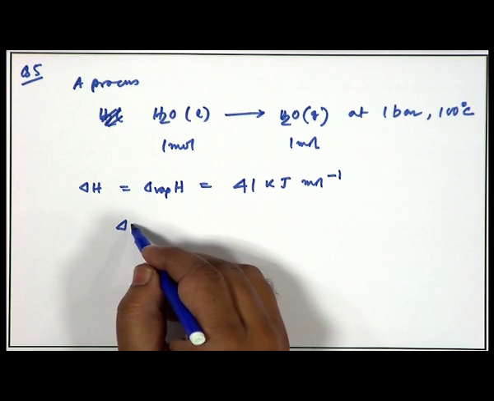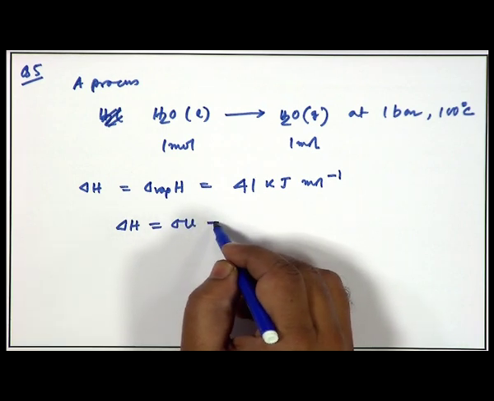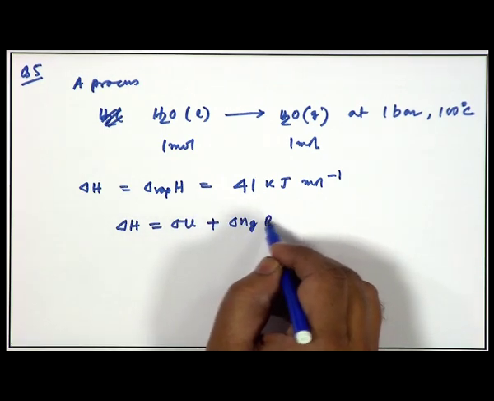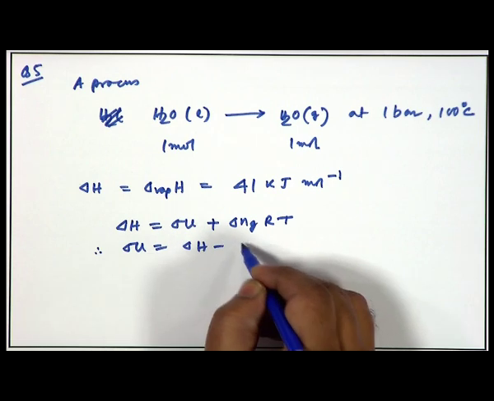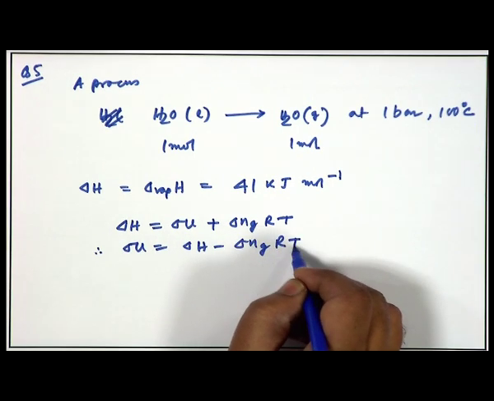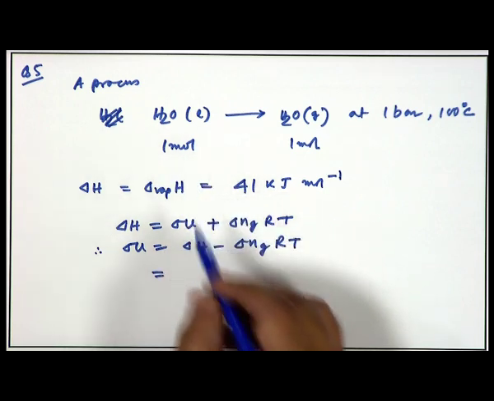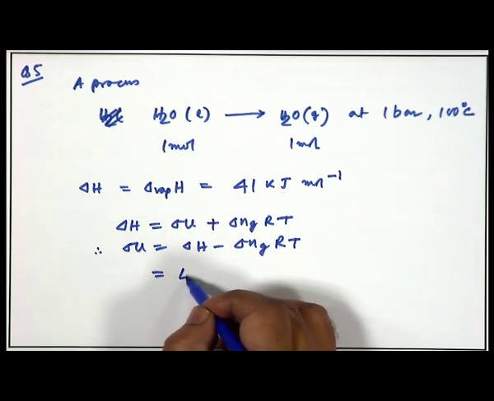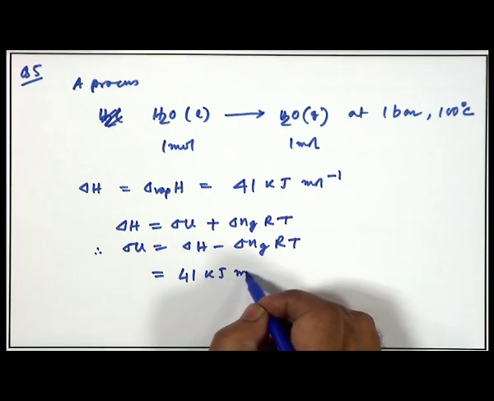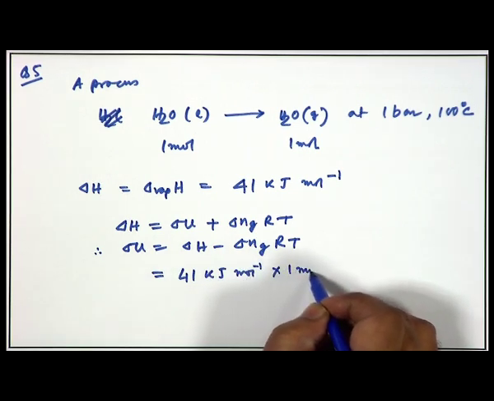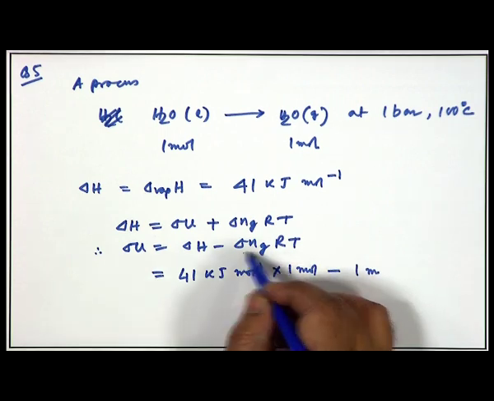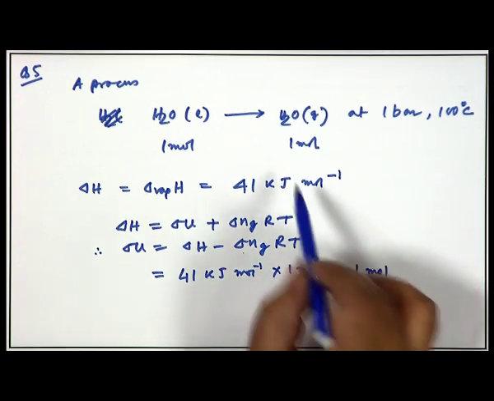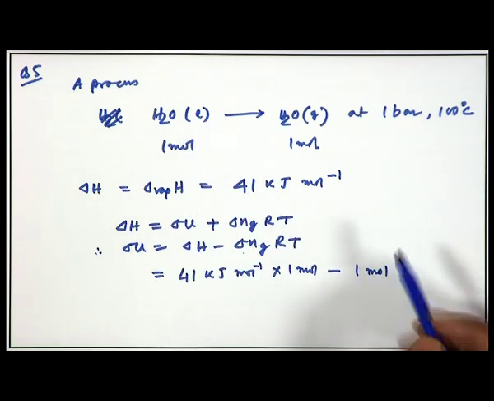So, we can get del U from the expression we learned just now: del H equals del U plus del N G R T, or del U is del H minus del N G R T. We are talking about 1 mole of water, so this is 41 kJ per mole into 1 mole, minus del N G, which is 1 mole, ignoring the volume of liquid.